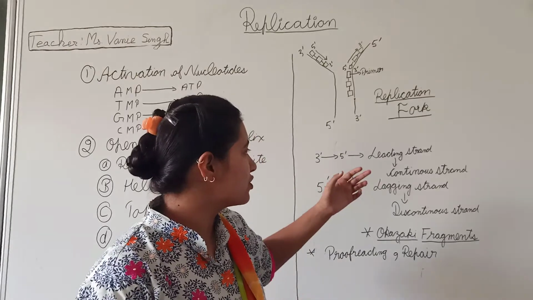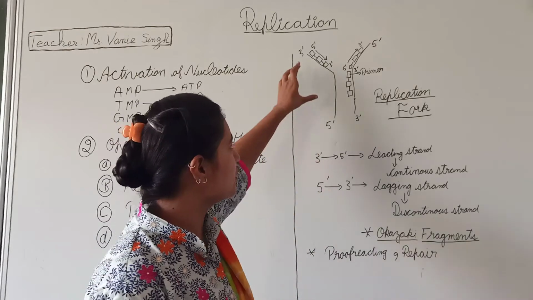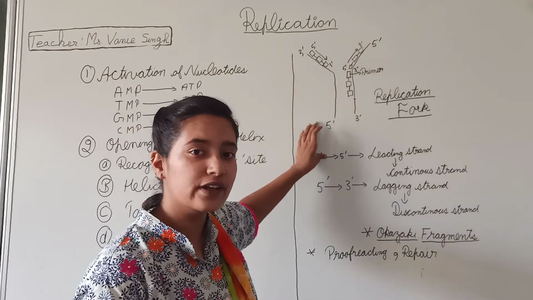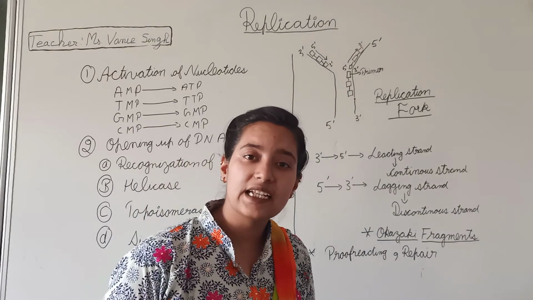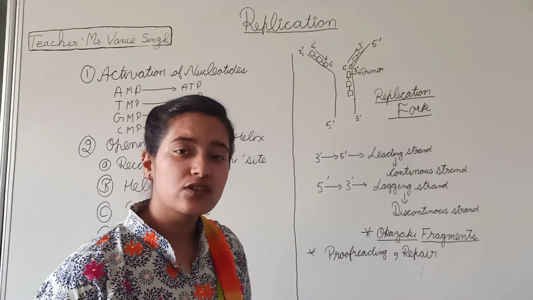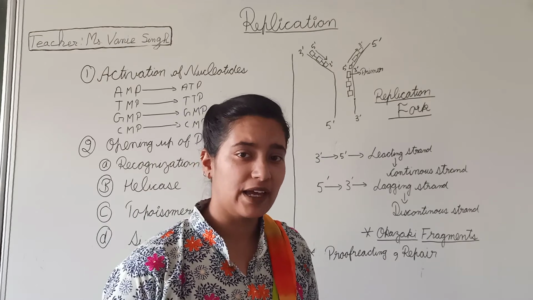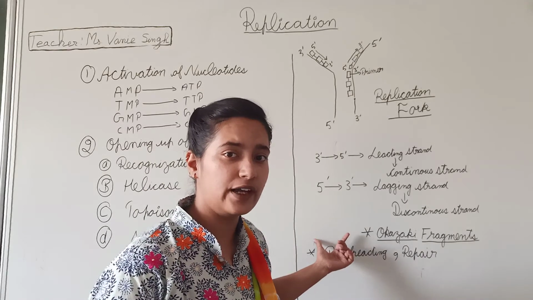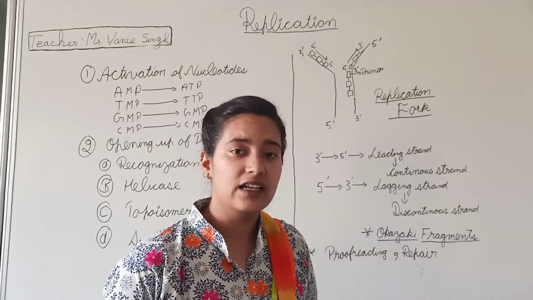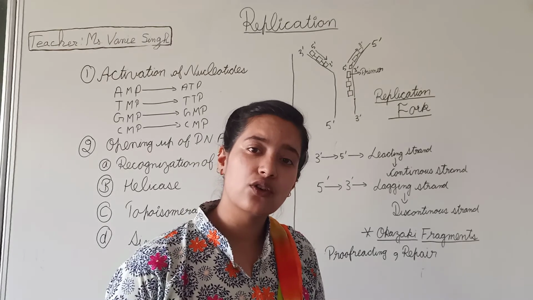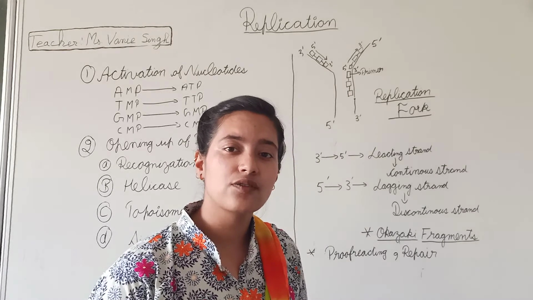Now, one more question is there. The strand from 3' end to 5' end is called the leading strand, also known as the continuous strand. And the parent strand from the 5' end to the 3' end is the lagging strand, also known as the discontinuous strand.